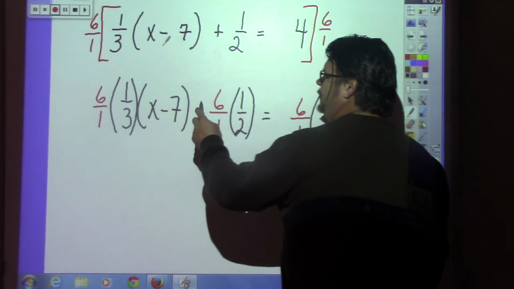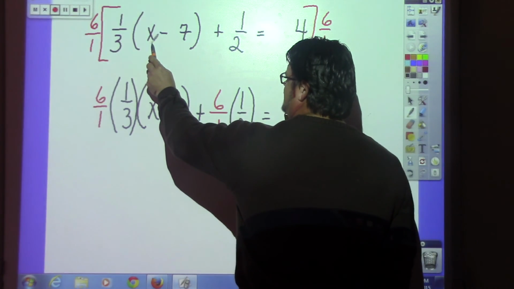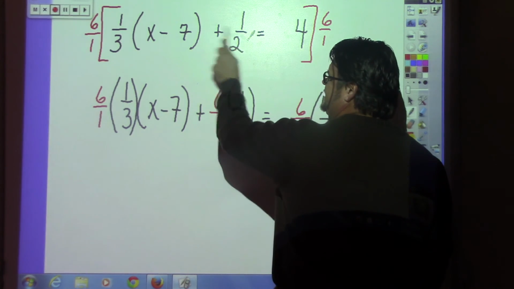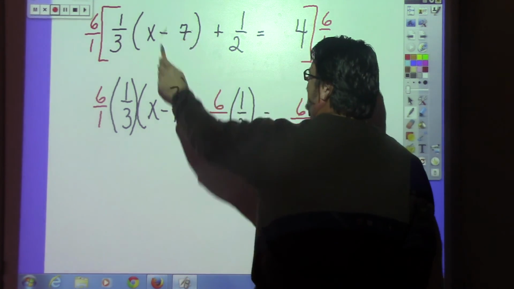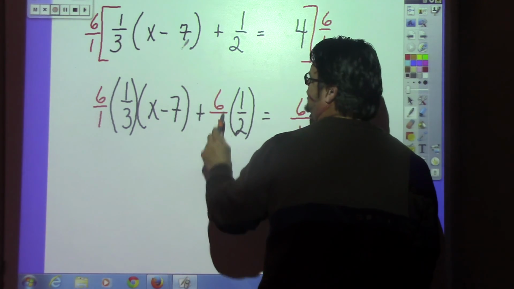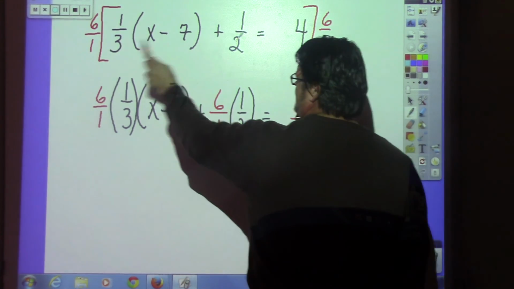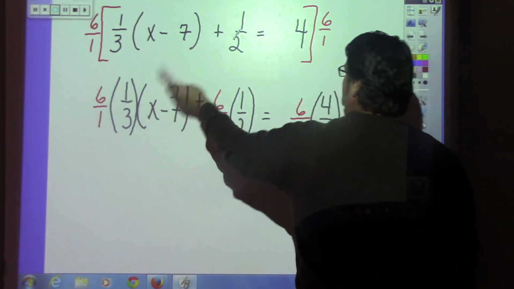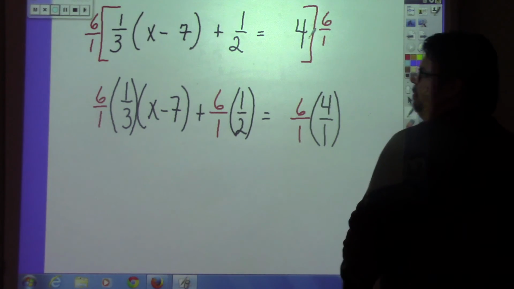All right? So you can't get this x. So that has nothing to do with this $10 bill out there. This is not in the concrete block. So you multiply this by the 6. You got to multiply it here, here, and here.